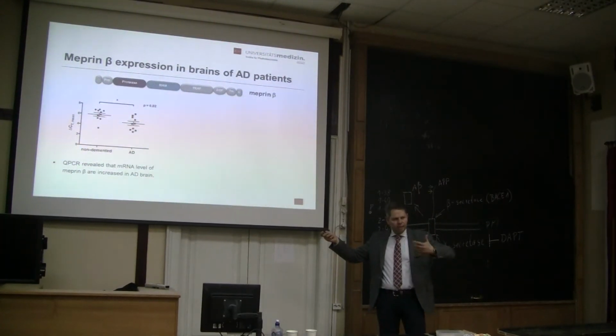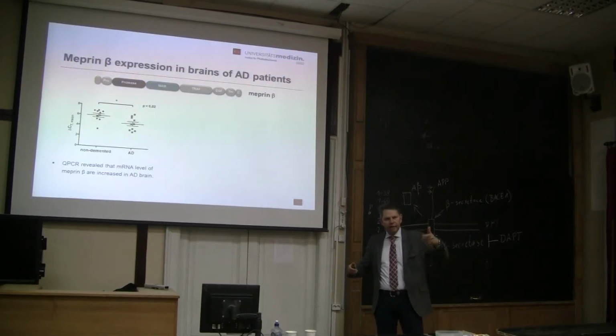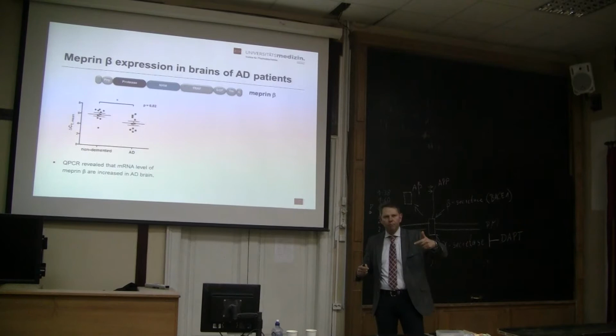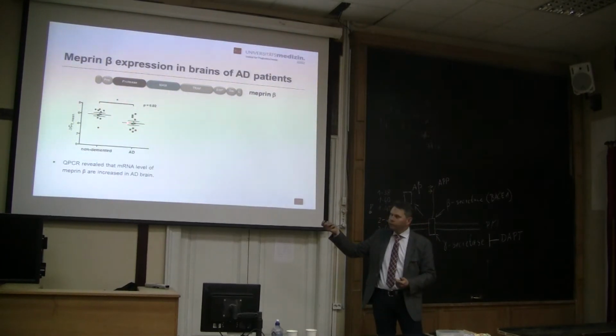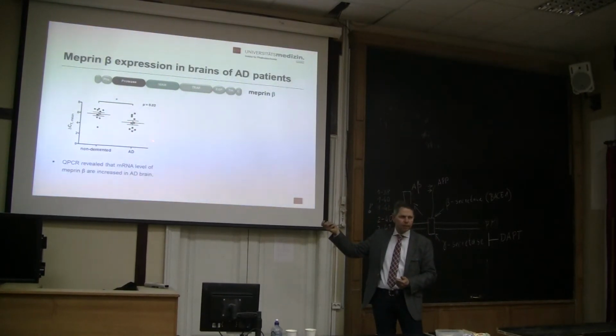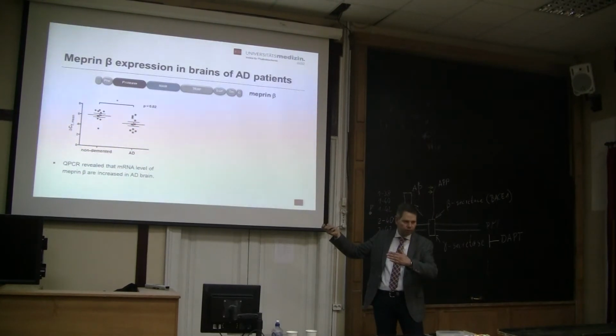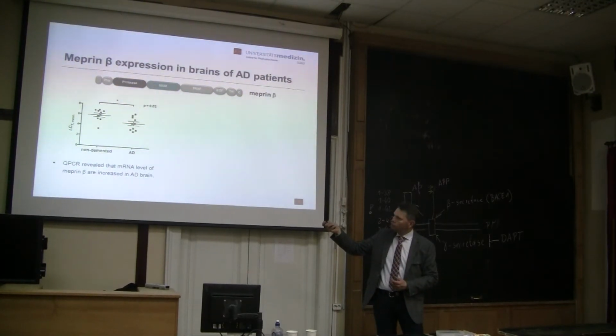When you do a PCR, you amplify DNA, and you always count the rounds that you amplify. And here, you need much less to get a signal than there. So there is more to start out with, right? So that's the reason for the way we plotted here. You have more meprin RNA in the brain of an AD patient than in a non-demented patient.